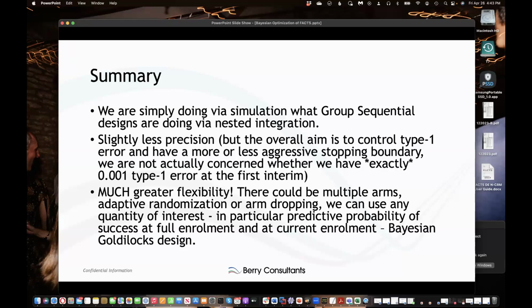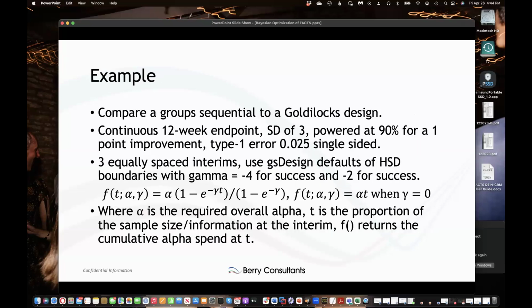And what we gain, of course, is much greater flexibility in this method. We can apply exactly the same code and routine to a multiple arm design, which is maybe doing arm dropping, could even be doing RAR, as well as a straightforward Bayesian Goldilocks design, which is just the two arm Bayesian equivalent of a group sequential.